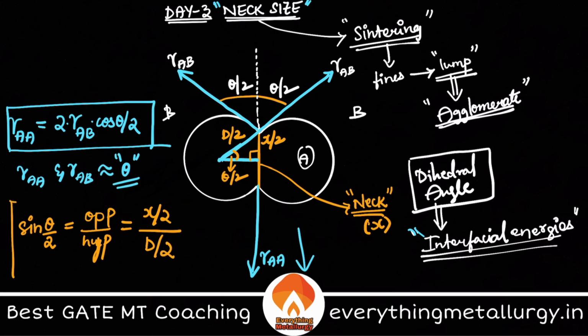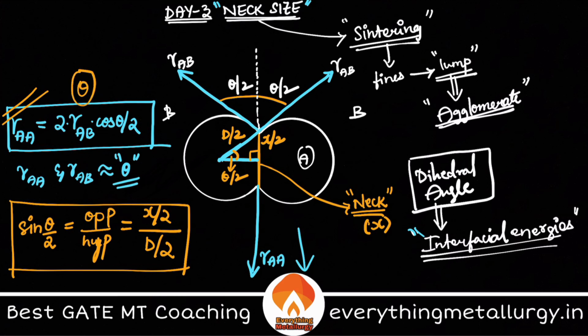So using this simple relationship, you will get theta. Of course, you have to know the grain size or the particle diameter in order to calculate the neck size. So this relation between my angle theta, neck size, as well as my particle size is given by this particular relationship.